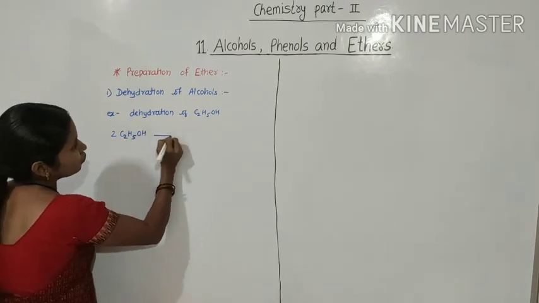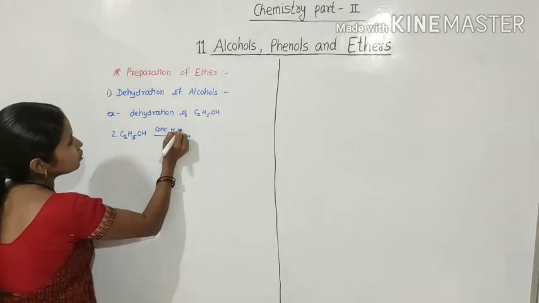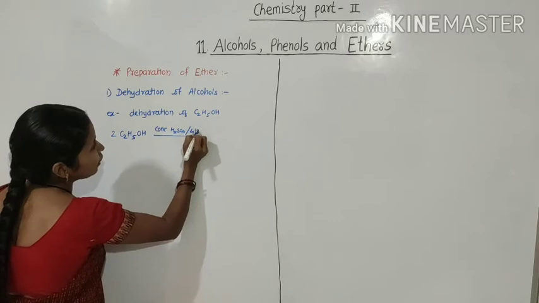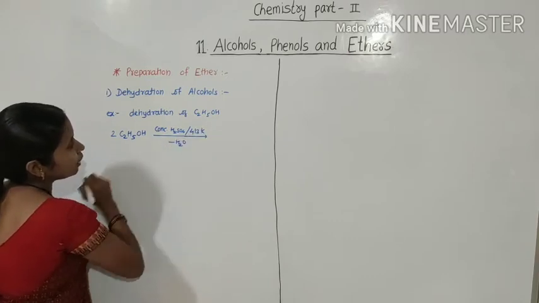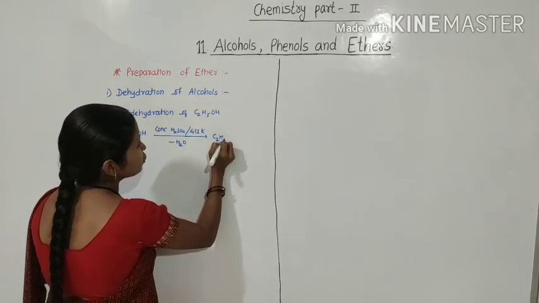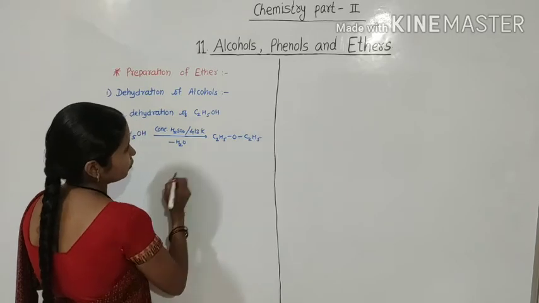2 C2H5OH with concentrated H2SO4 at 413 Kelvin by dehydration forms C2H5-O-C2H5.